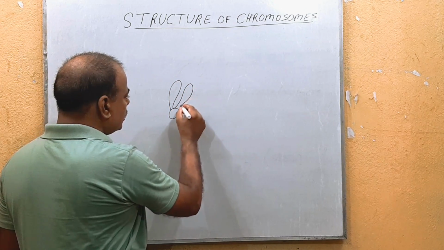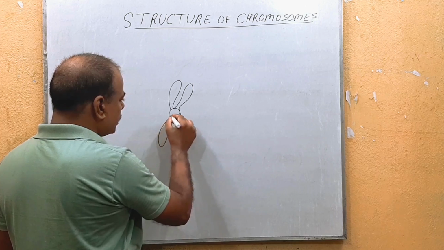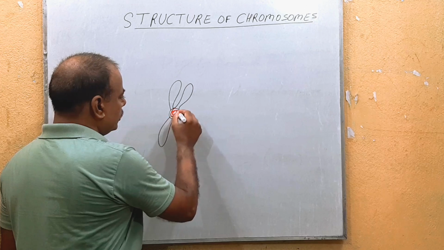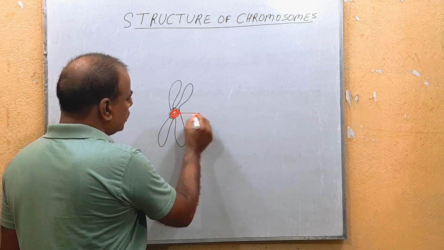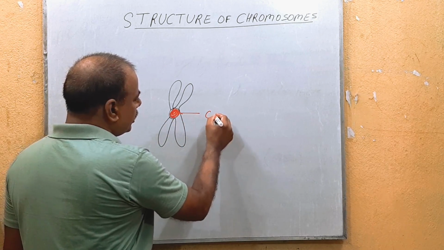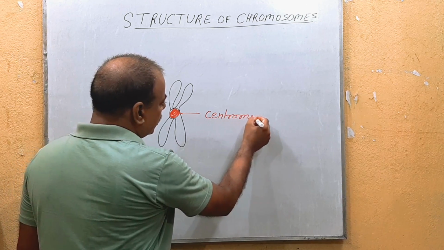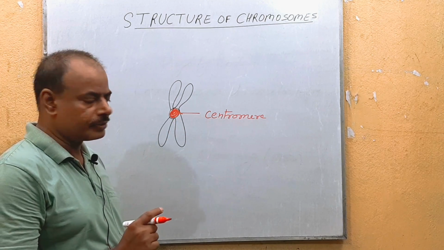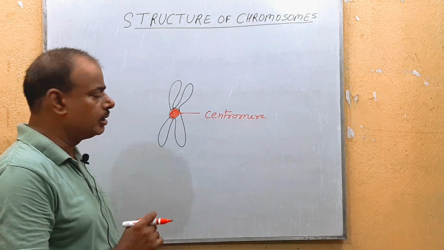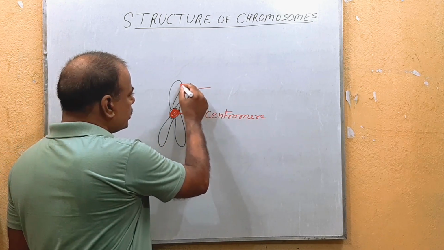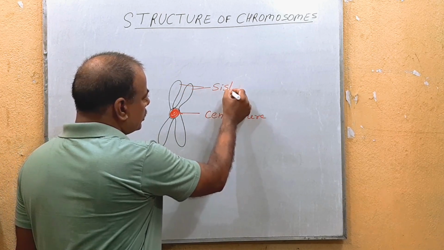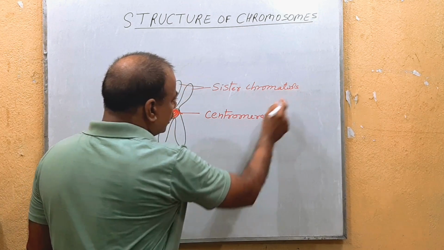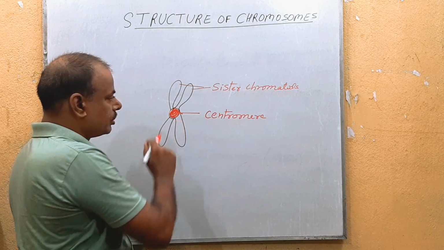Suppose here it is a chromosome, and this structure is known as the centromere. The centromere is the spherical structure usually at the center of the chromosome, and these two are the sister chromatids, which are attached with each other at the centromere.